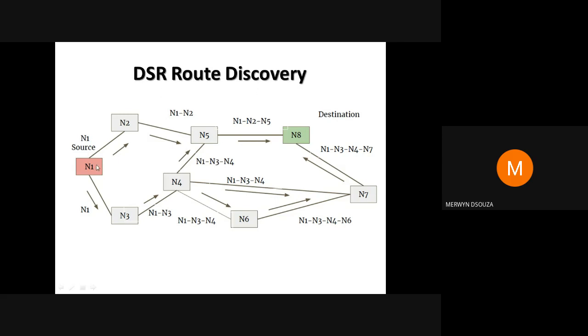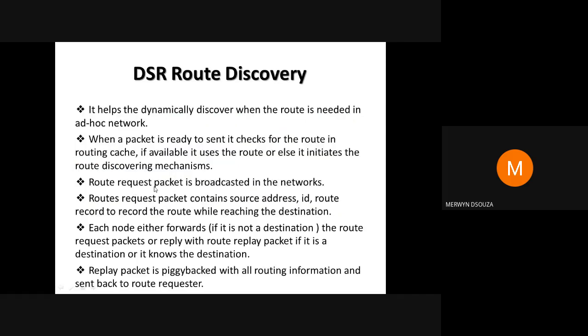By the route discovery process, it sends a packet known as the route request packet. So N1 sends one packet known as the route request packet, and this is broadcast to all its neighbors. So what does the route request packet contain?